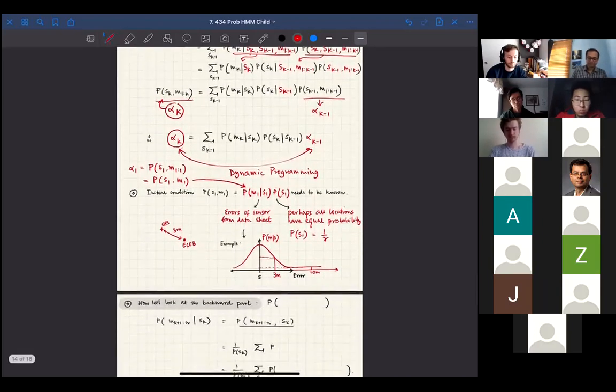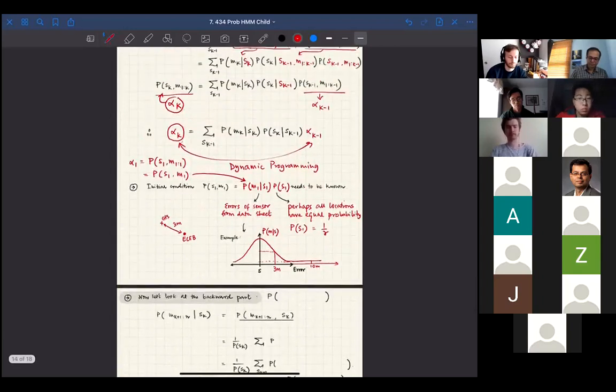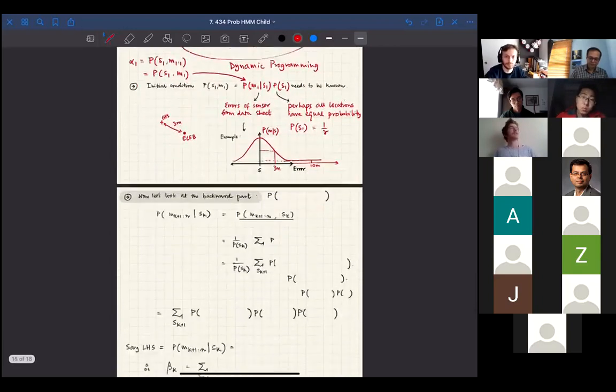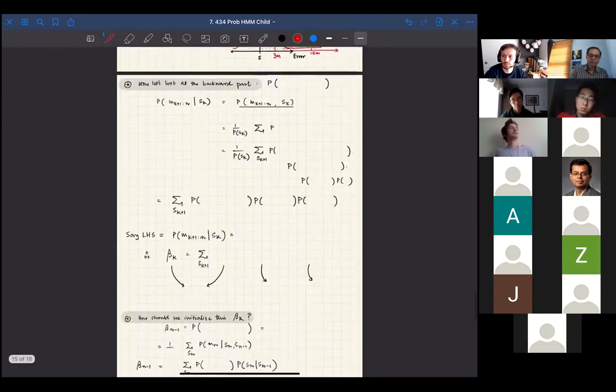Very good. Shall we do the backward? Let's do the backward.